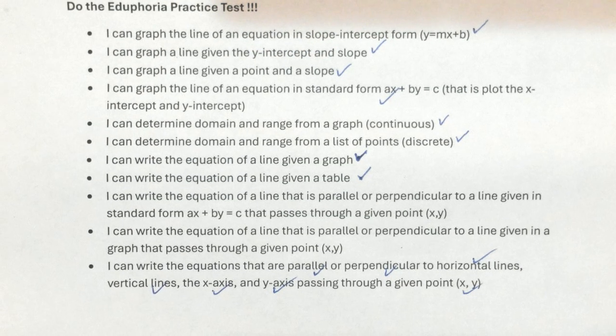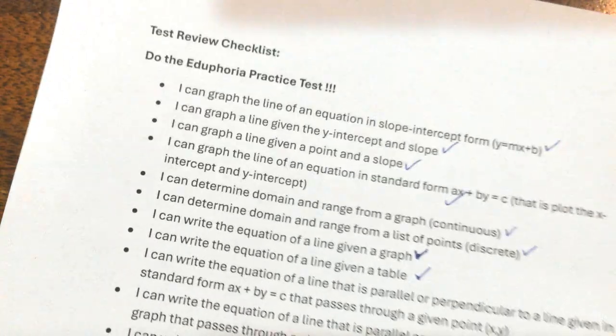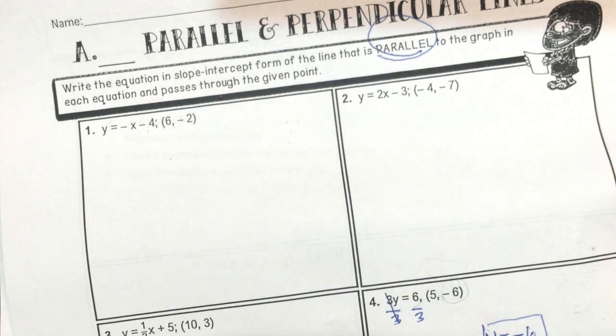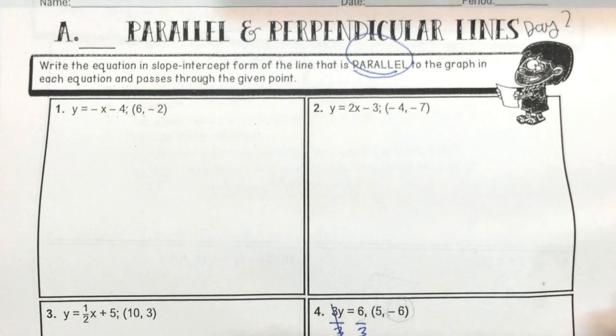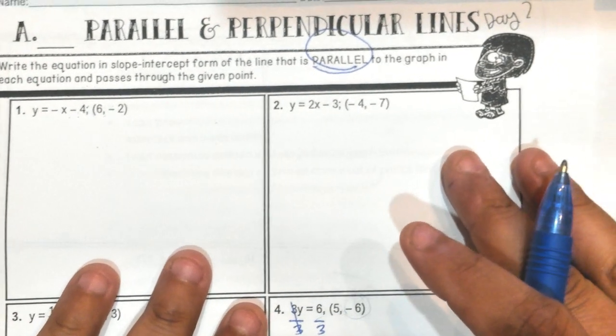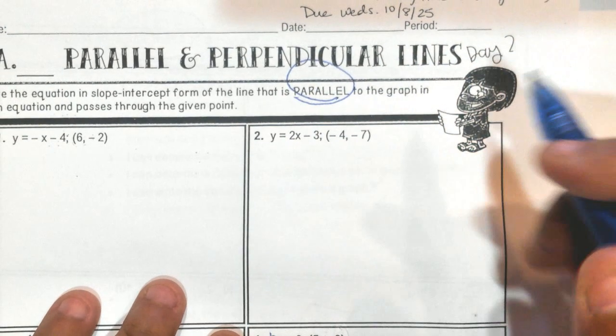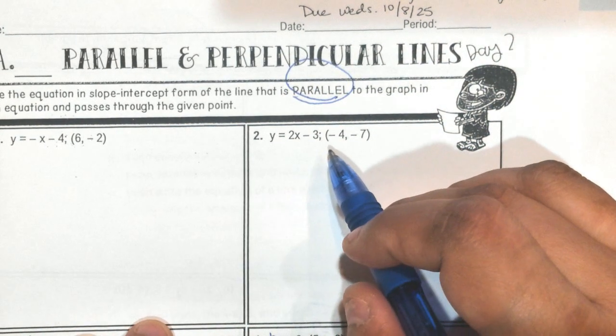All right, now we have to do parallel and perpendicular with a line. So what if I give you this right here? Y equals 2x minus 3.